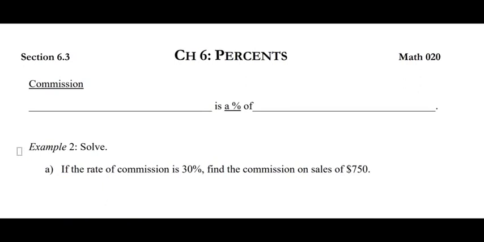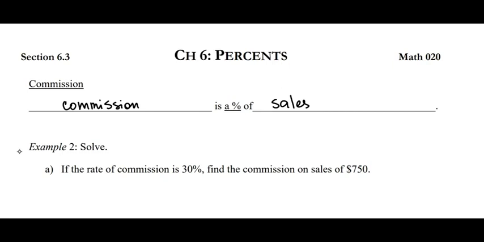The commission. Okay. So very similar concept to the tax. This time the commission is going to be a percent of the sales. So commission is a percent of sales.